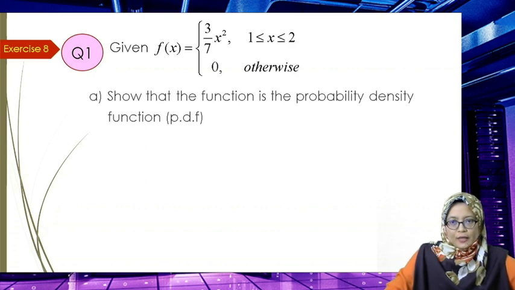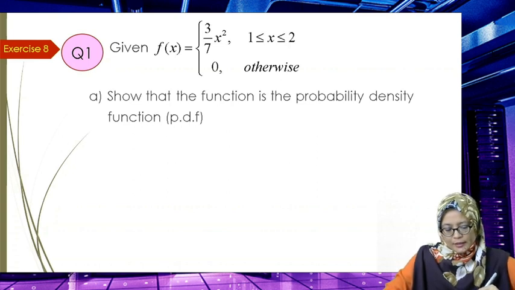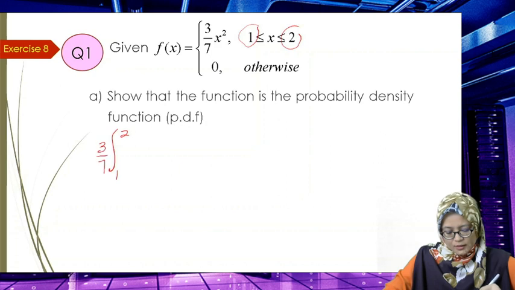So we integrate this function from 1 to 2. 3/7 is a constant, so you can take it out, and integrate x squared dx.